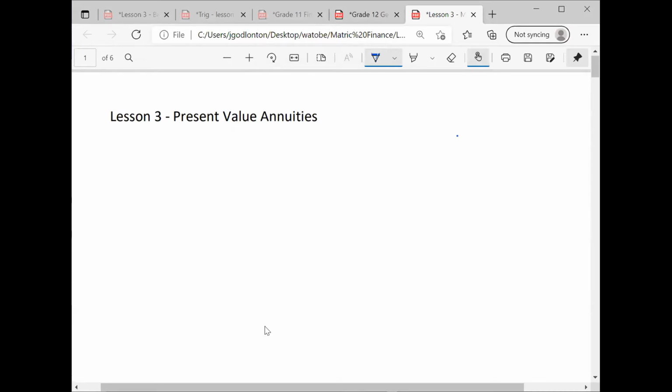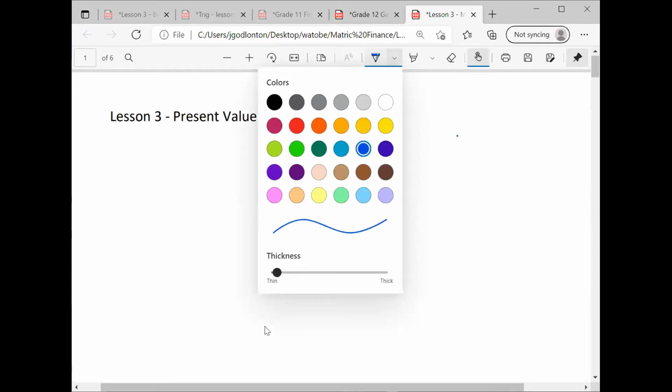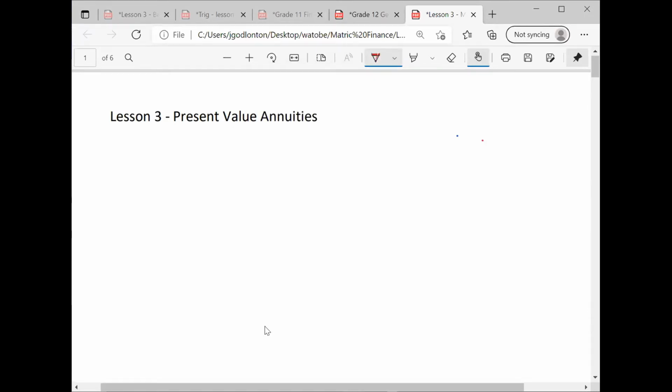In today's lesson, we're going to be talking about present value annuities. We have a big lump sum of money and we're going to slowly either pay off a loan or reduce money over time, but it's a lump sum in the beginning that then changes over time.